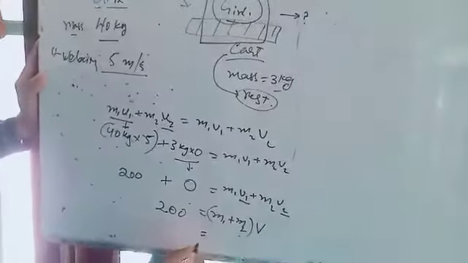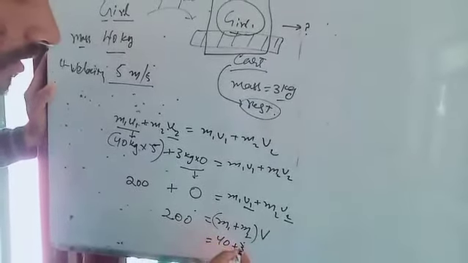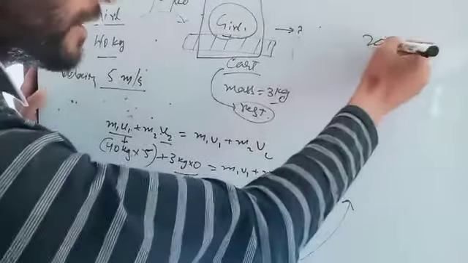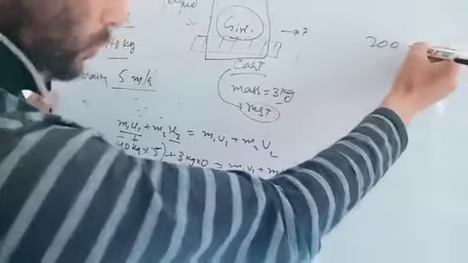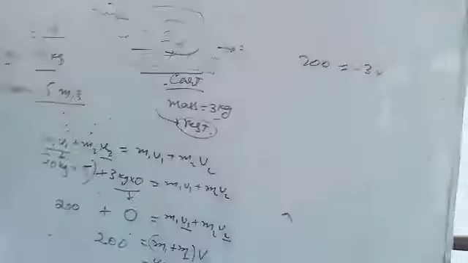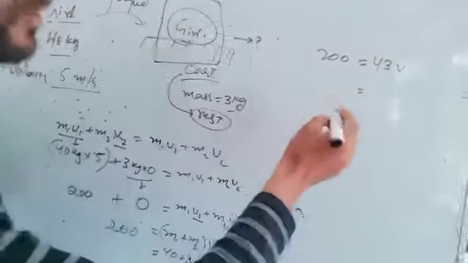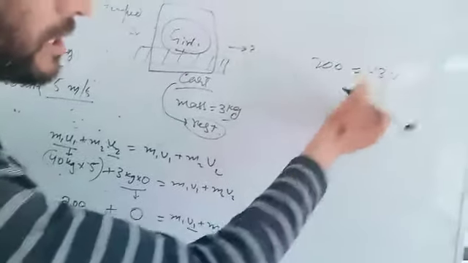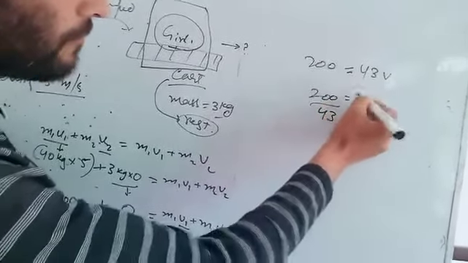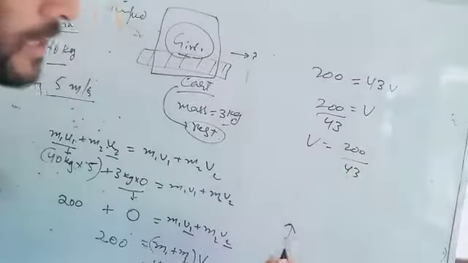Now what are m1 and m2? It is 40 plus 3, times v. Then it will become 200 is equal to 43v. If we calculate, 43 will come to this side, so v is equal to 200 divided by 43.